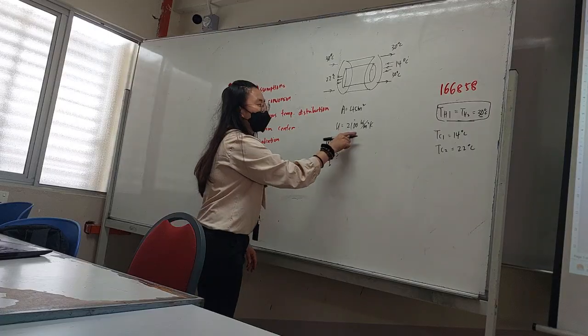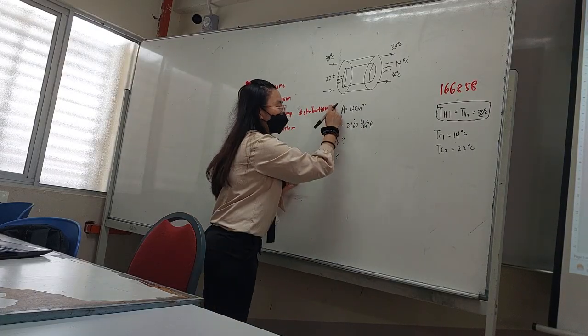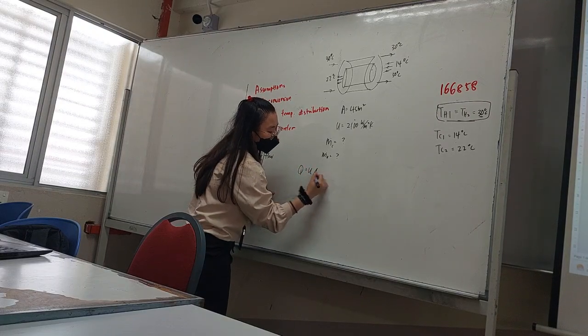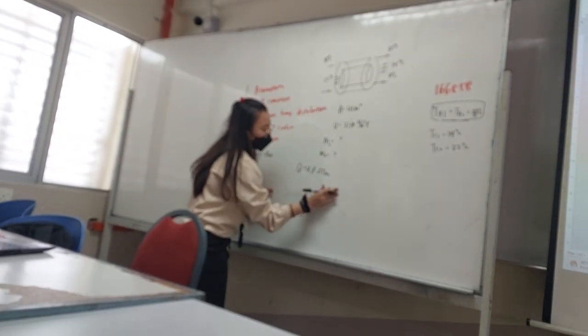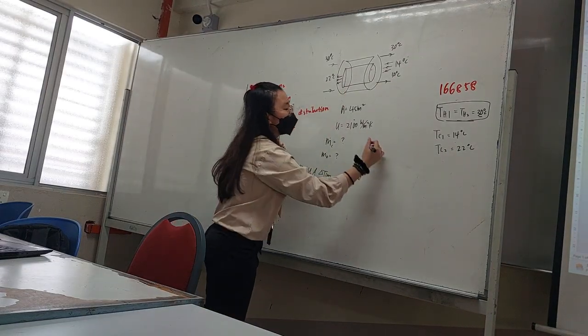Okay, by using this formula and giving these two pieces of information, you can calculate the Q value. Q equals UA delta log mean. This is the counter flow, right?